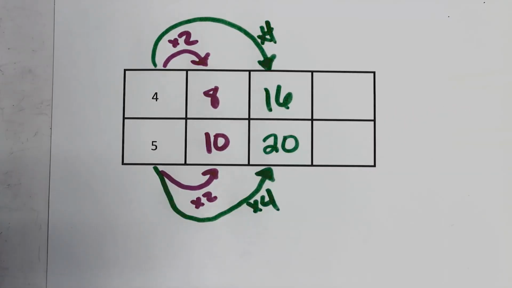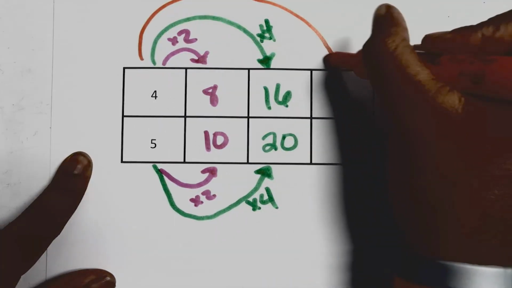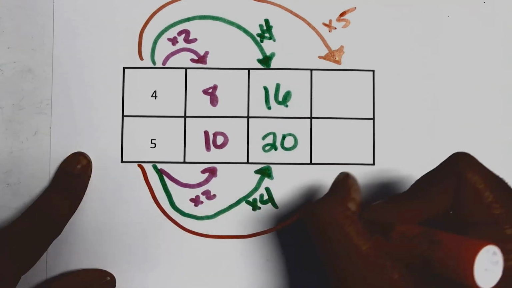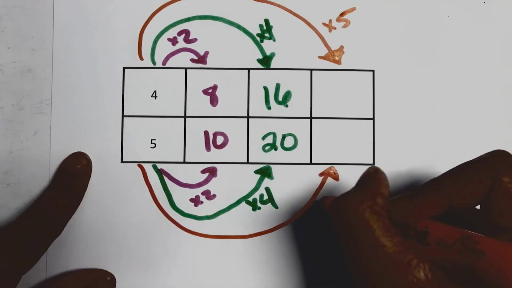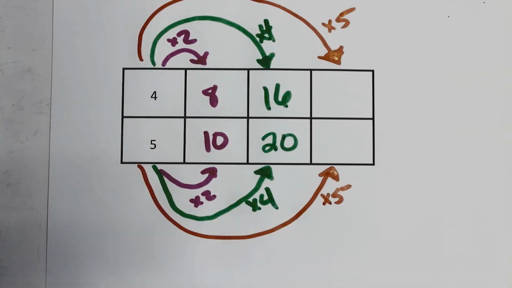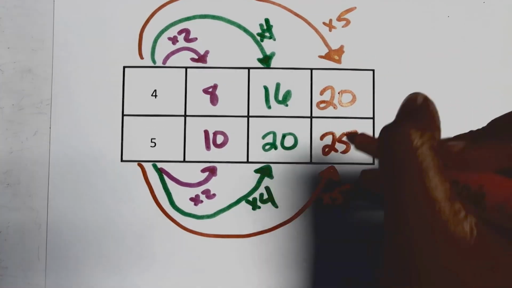We can multiply both of these by 5 this time to continue to create our equivalent ratios. Times 5, times 5. So now what would our new terms be? You got it, 20 and 25.